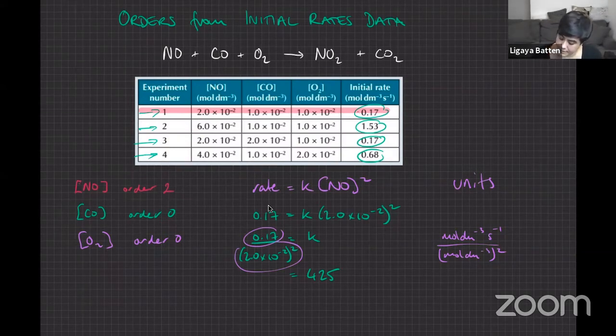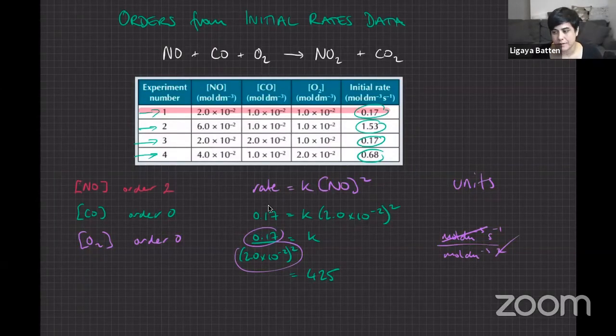So we've got rate and then concentration squared. So we have moles per decimeter cubed on the top and on the bottom, so we can cancel out one of those with one of these. And then we're left with the second on the top and moles per decimeter cubed on the bottom.